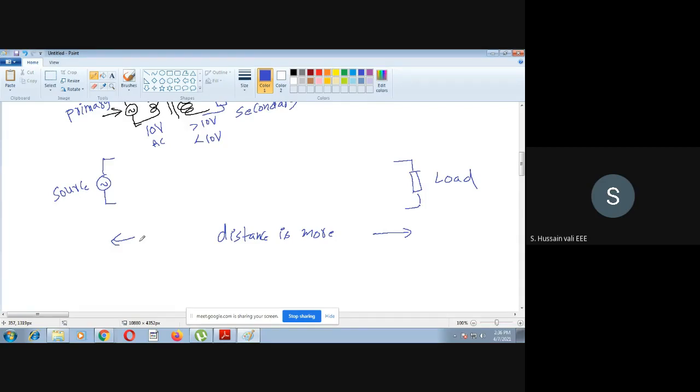If they are near the towns, then definitely the cities and the population will get affected by this pollution. So to avoid this problem, we generally locate the power plants very far from the load centers.